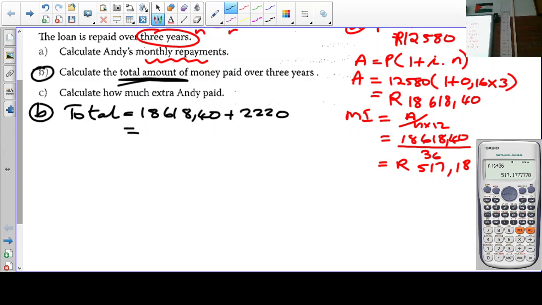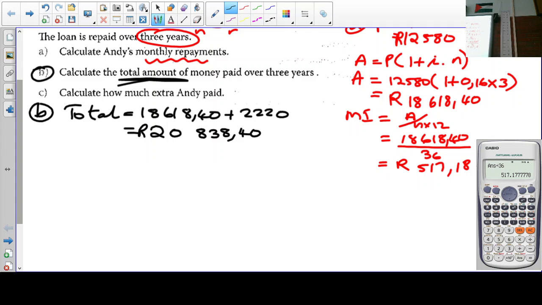What does that give us? 20,838 rand and 40 cents.